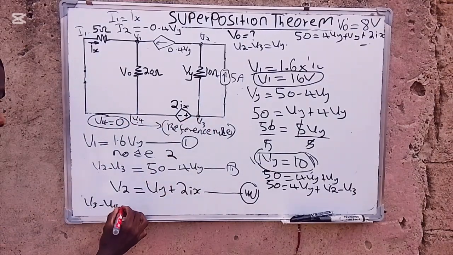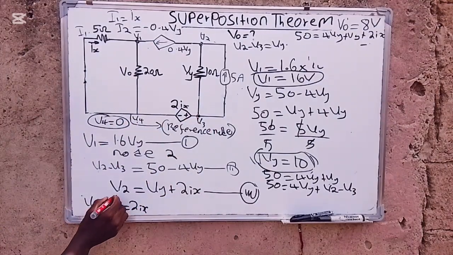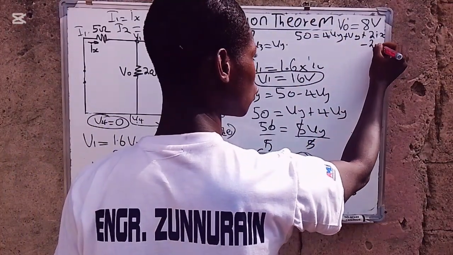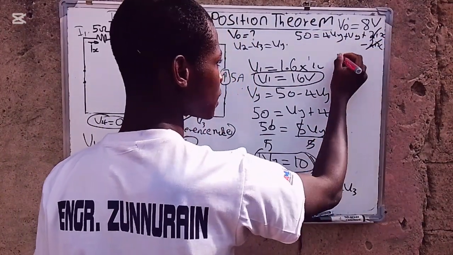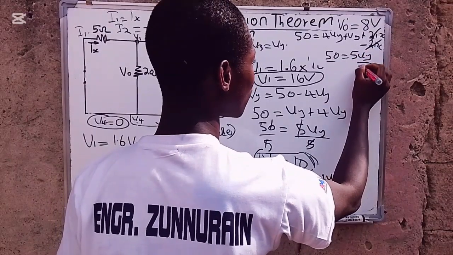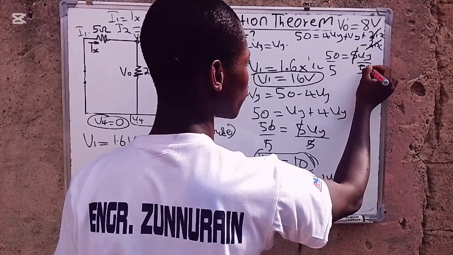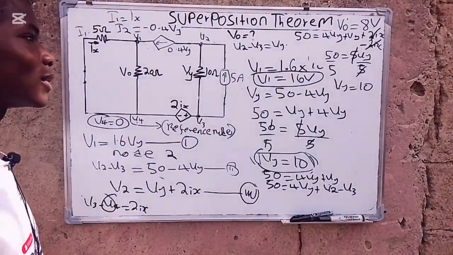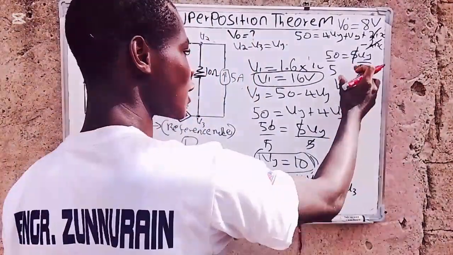V3 minus V4 is the same thing as 2ix, and V4 is 0. V3 is equal to 2ix. So therefore, this 2ix will go with this. So therefore, 50 should now be equal to 5Vy. Divide both sides by 5, it will cancel 5. Vy should now be equal to 10. So therefore, if you don't want to waste your time, you can use this.